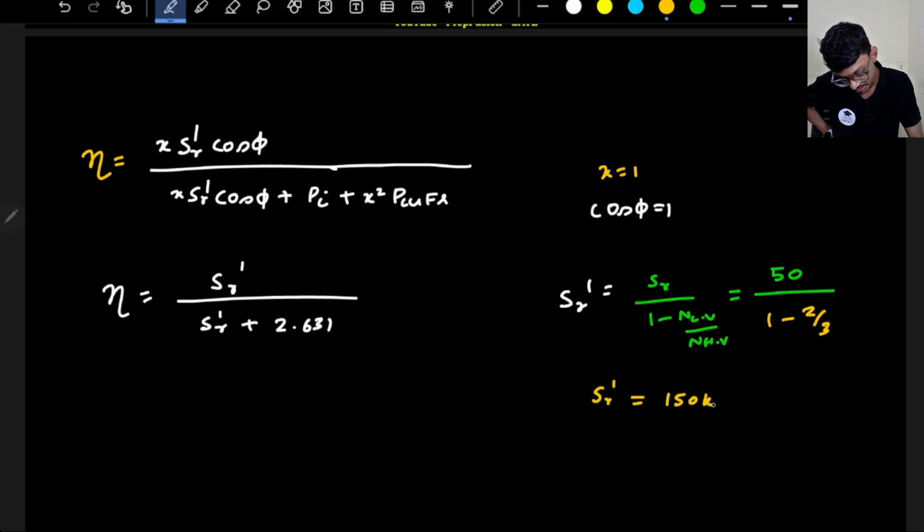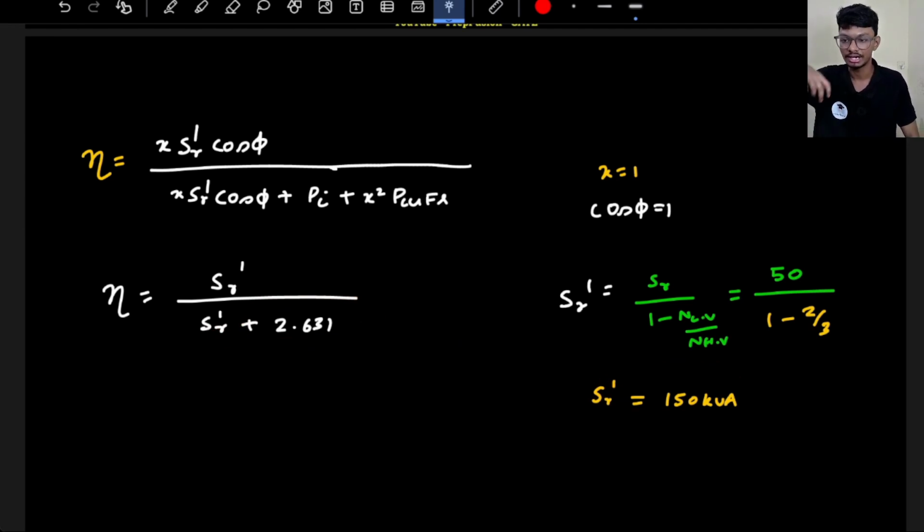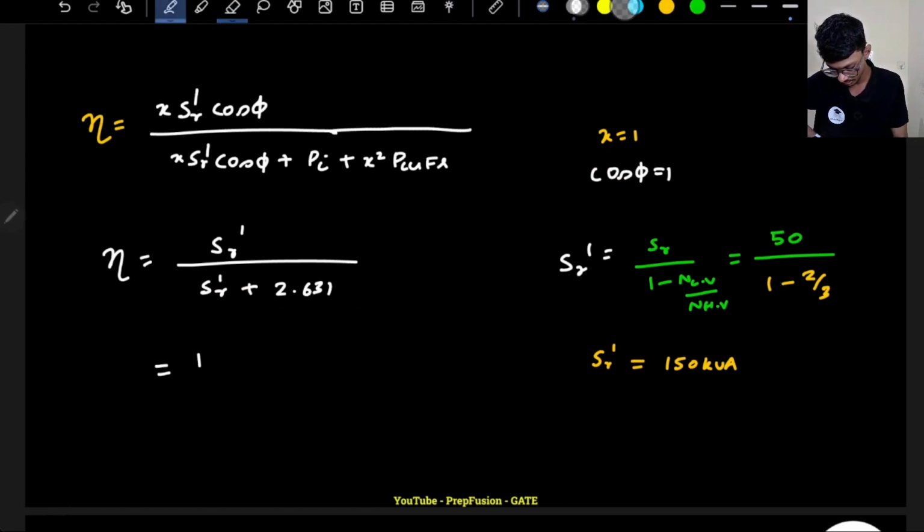As the kVA increases, with respect to the kVA the losses are very low. So that's why the efficiency increases. You can understand it like that as well. In the previous lecture I tried to explain intuitively, and here also you can understand the same. So this equals 150 upon 150 plus 2.631, into 100 of course, to calculate the percentage.